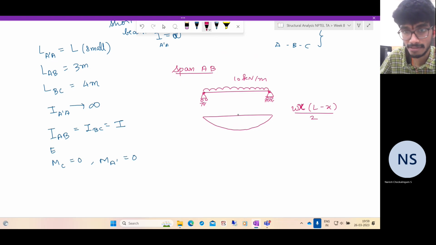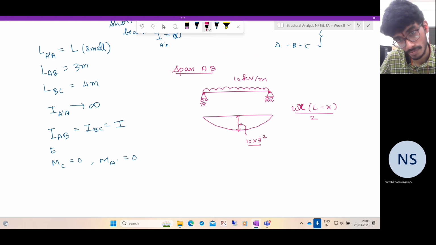What it is, WL square by 8. So here it is 10 into 3 square by 8, and it is positive.